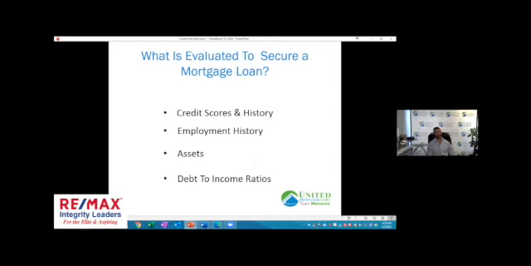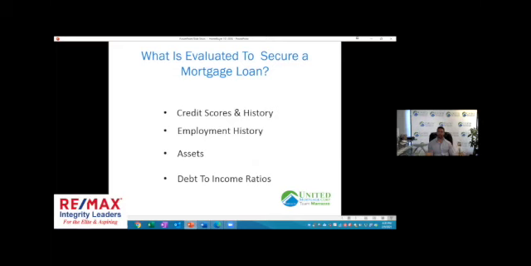A debt to income ratio is all of your monthly debt versus all of your monthly income. So if you make, let's say, $100,000 a year, that's $8,333 a month. I know that number because most people make around 10,000. So we have the income situated, 8,333 monthly.